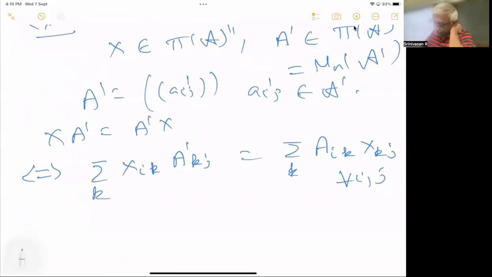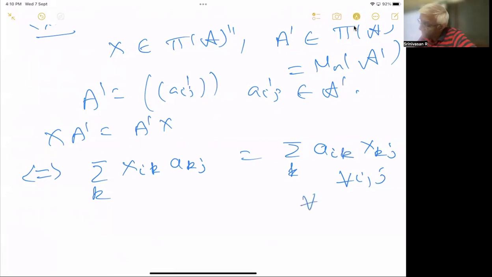This is true for all a_ik. Maybe I will change it here to a_kj, and here a_ik. I'm just writing the entries. This is true for all i, j, and for all a_ij prime coming in A prime.